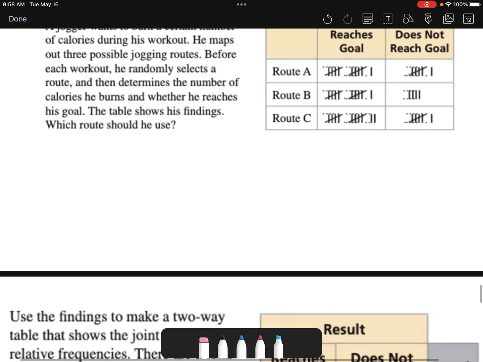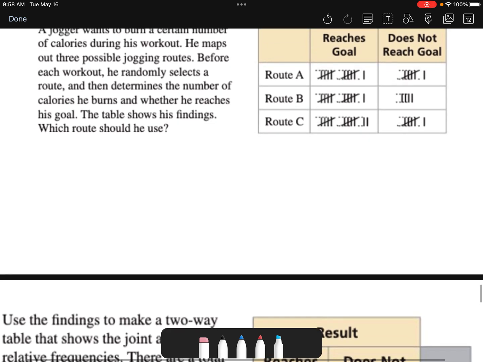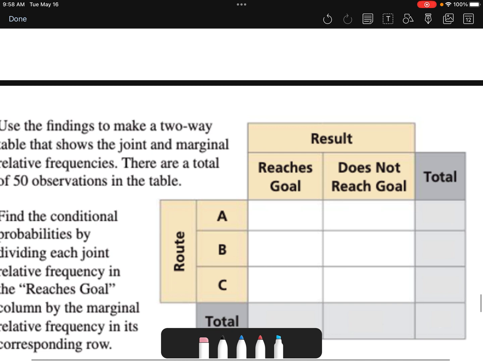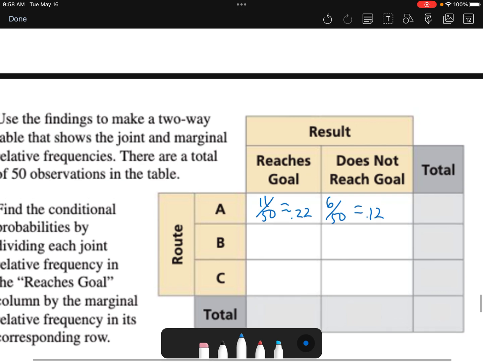We ran route A 11 times where we reached our goal and 6 where we did not. So that would be 11 out of 50 and 6 out of 50. And this would be 0.22 and 0.12.